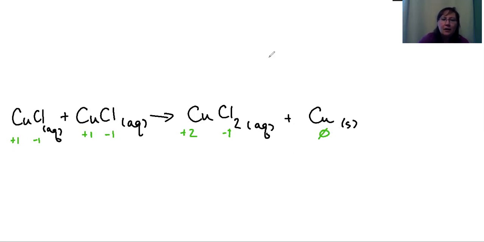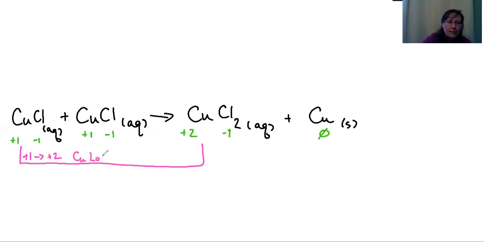All right, now let's take a look at what's going on here. First, let's find where we're oxidized. We can see here, this copper chloride goes from +1 to +2. If we go from +1 to +2, we're losing electrons. So this copper lost 1 electron, and that means that it was oxidized, and this compound would be called the reducing agent.